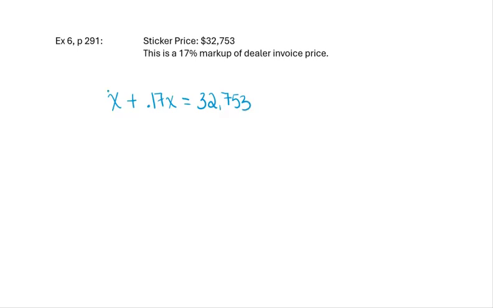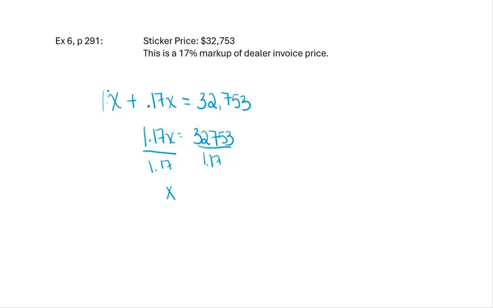And we want to solve for X here. Now, if there's no coefficient in front of X, this is just algebra, there's an understood 1 there. So 1x plus 0.17x gives us 1.17x equals 32,753. And then to solve for x, I'm going to divide both sides by 1.17.